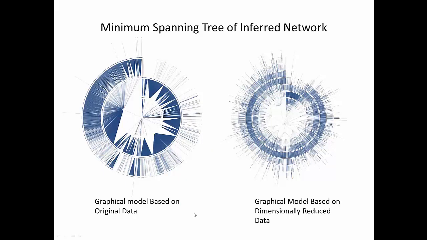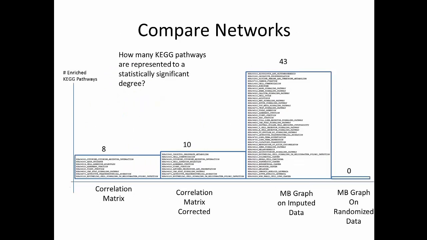So the next thing we did with this data is we built a graphical model. So we're looking at a network of post-translational modifications based on this data. And we get one network for the original data and one network for the dimensionally reduced data. And then we want to assess the quality of these two networks.